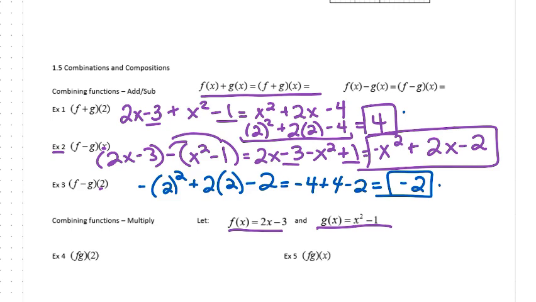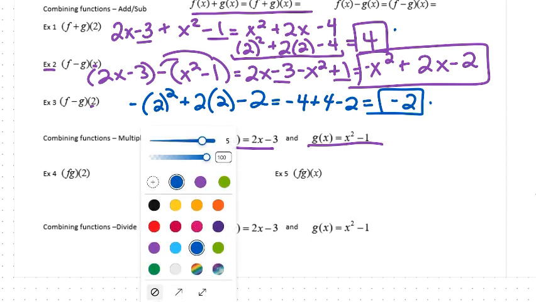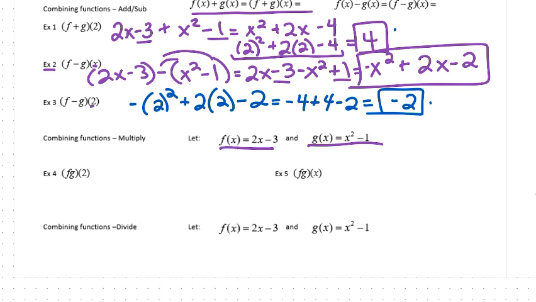So let's do combining functions with multiplying and dividing next. So (f times g)(2). Let's go ahead and do the f times the g. What we can do actually is we can do f of 2 and g of 2 and then multiply those two.